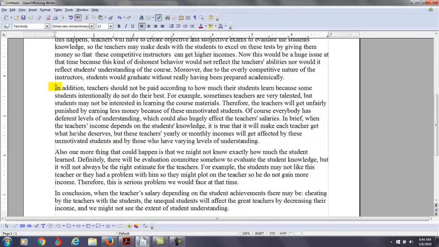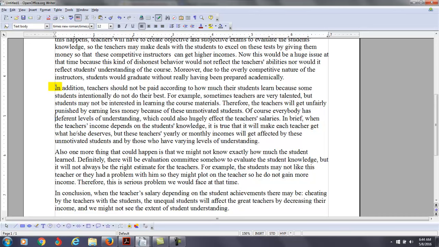Let's see if we have it. So in addition, teachers should not be paid according to how much your students learn because some students intentionally do not do their best. For example, sometimes teachers are very talented, but students may not be interested in learning the course materials. Therefore, the teachers will get unfairly punished by earning less money because of these unmotivated students. Of course, everybody has different levels of understanding, which could also hugely affect the teacher's salaries.